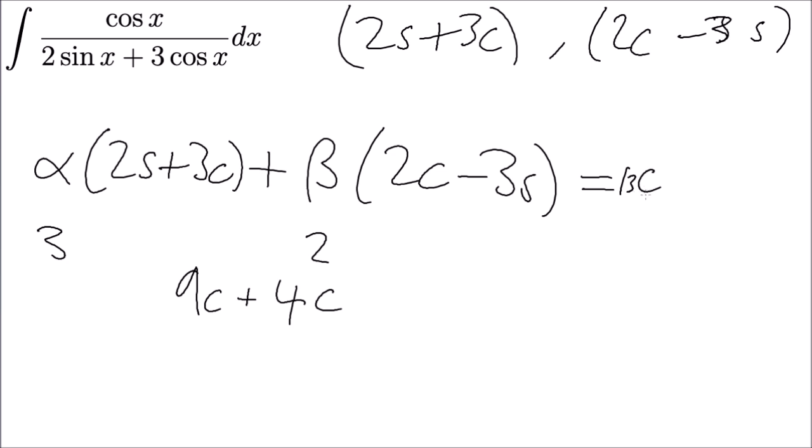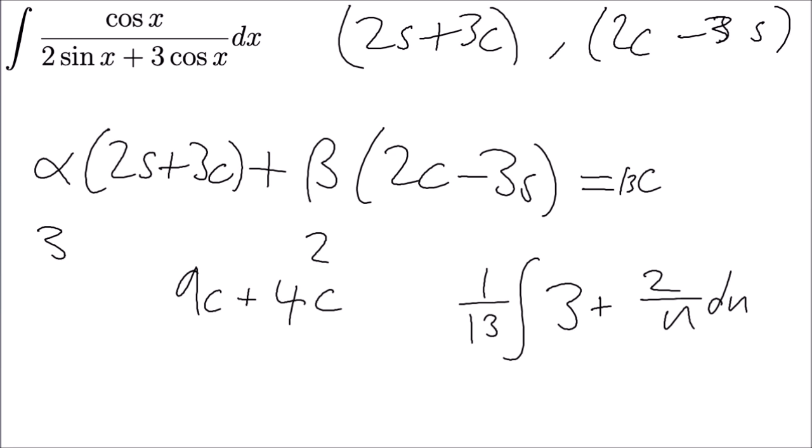Oh shit, is that all I had to do? Okay, well then, 1 over 13. Then I get 3, and then plus 2 over u du. Oh shit! I just did JEE Main.